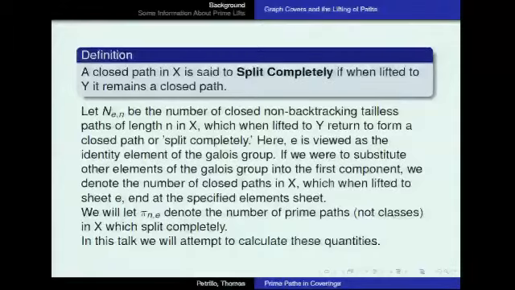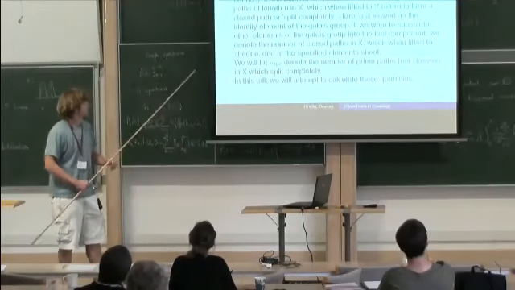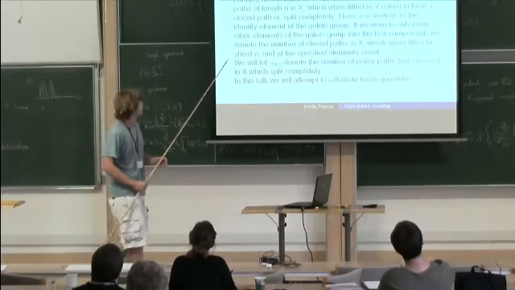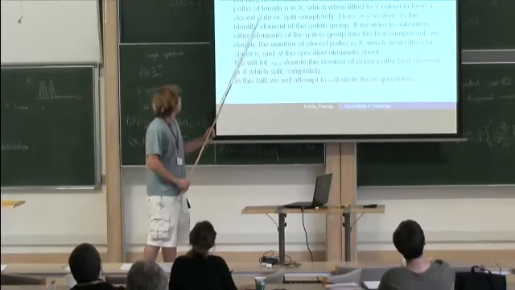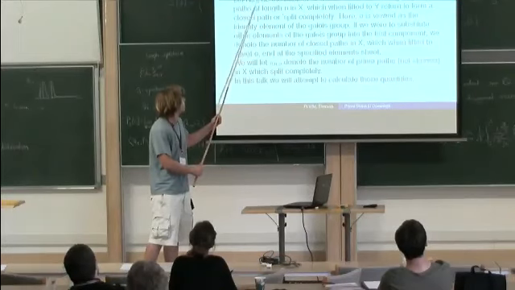So we're going to envision that you have a base graph X and a covering graph Y, and that a closed path in X splits completely if, when you lift it to your top graph Y, it remains a closed path. We're going to be interested in a few different numbers. First, the number I've called N sub e comma n.